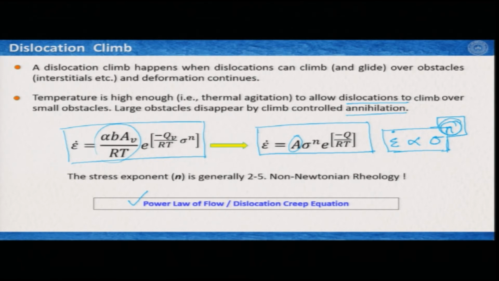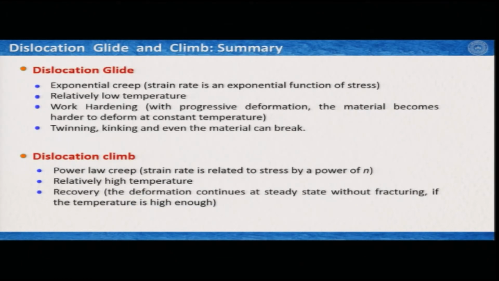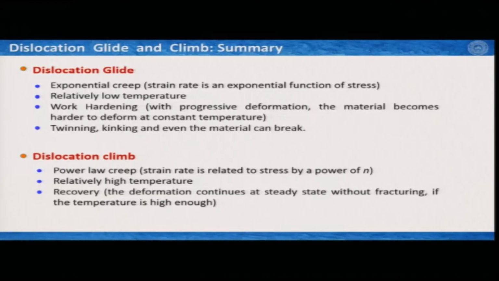So, if we compare dislocation glide and dislocation climb, dislocation glide is an exponential creep, where strain rate is an exponential function of stress. It happens at relatively low temperature, because if it is high temperature, then it would change to dislocation climb. Work hardening, where with progressive deformation the material becomes harder to deform at constant temperature, is a characteristic, because again you do not have enough temperature.